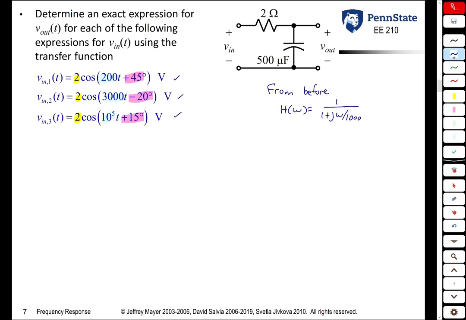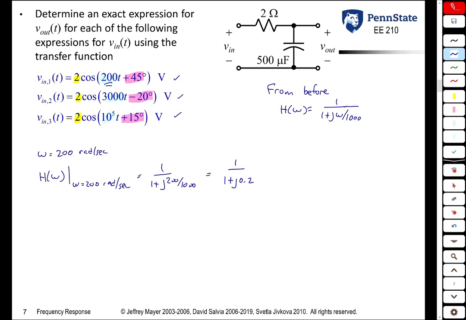So what you would do is start with the first case. Set omega equal to 200 radians per second. So H of omega evaluated at a frequency of 200 radians per second is what? It's 1 over 1 plus j 200 over 1000, or 1 over 1 plus j 0.2.